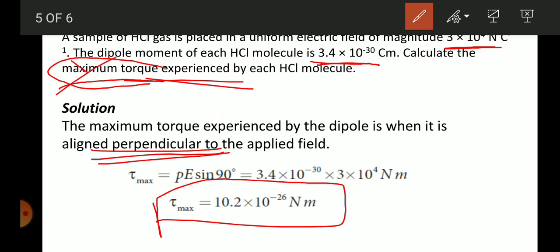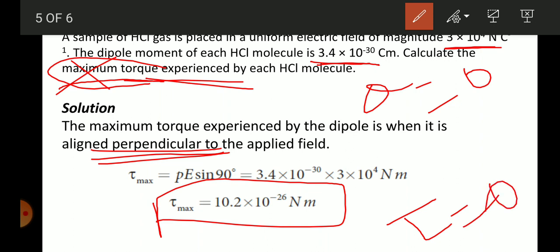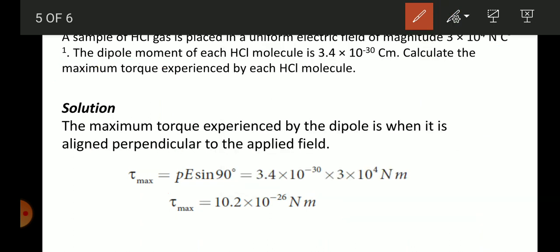They won't give the word maximum. When a dipole is placed parallel to the uniform electric field, theta becomes 0, so there won't be a torque. The torque will be 0. So this is the problem.